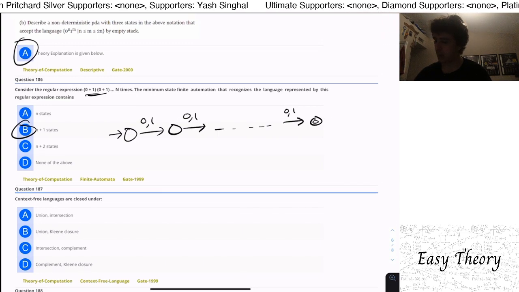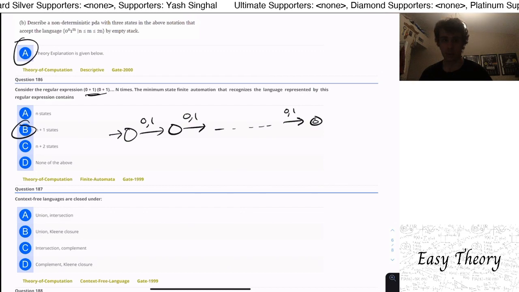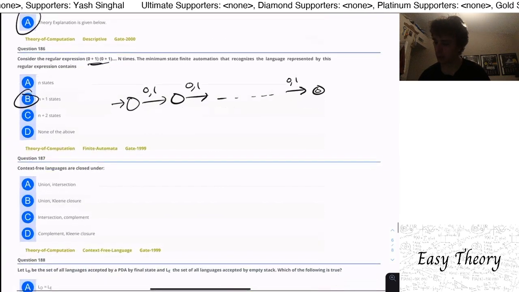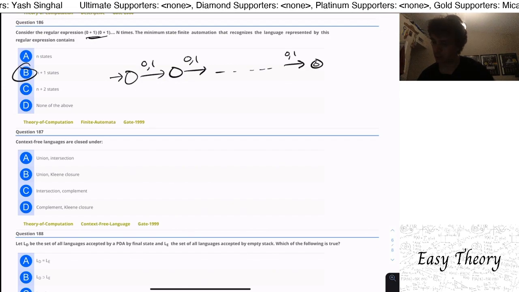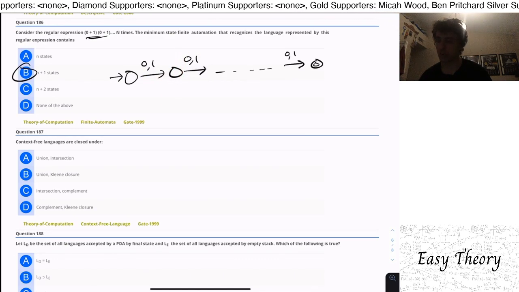So you can get n plus 1. It doesn't say that you have to have a deterministic machine here. So you can get away with n plus 1 because there are no other transitions. And you can't do better than this because if you had any other transition that went somewhere else, then you would get more strings than what you actually wanted.